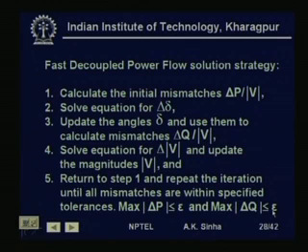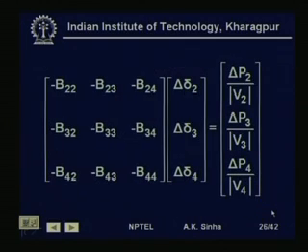than some tolerance value. So, if we see here, what we do is, this matrix is already available because we know the susceptances for the system. We can compute these elements and solve for this. Once we get these values, we add them to the previous values of delta, and so we get the new values of delta.